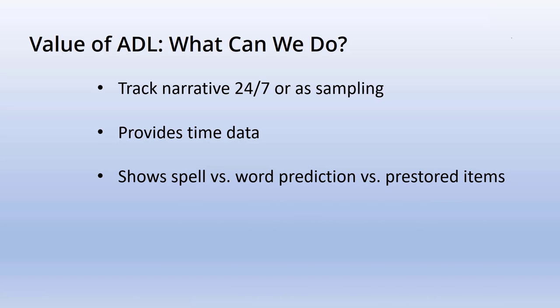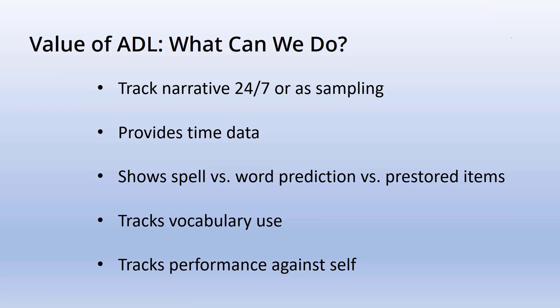We can also take a look at how the language is being generated, so we could be seeing how somebody is spelling something, or whether they're using word prediction, or whether they're using pre-stored words, phrases, sentences. That's all sitting in the data. And of course, it's tracking vocabulary use, so we can see the actual words that are being used and make inferences based on that data.